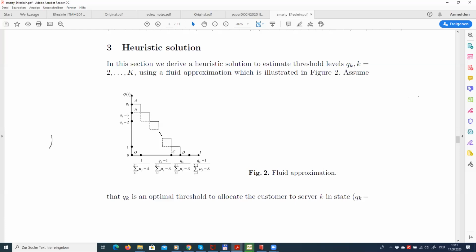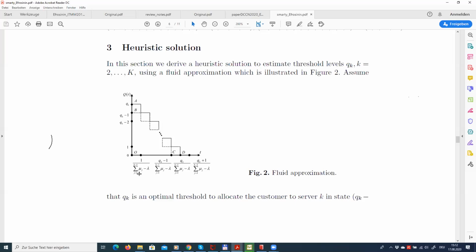If the queue dynamics corresponded to the deterministic fluid, it would decrease at the rate of the sum of mu j from 1 up to k-1 minus lambda. So, very roughly speaking, the number of customers in the queue will be decreasing at this rate, but we can roughly accept this.